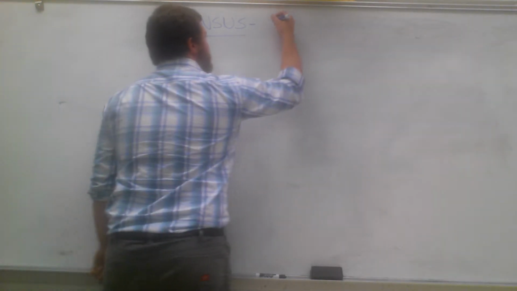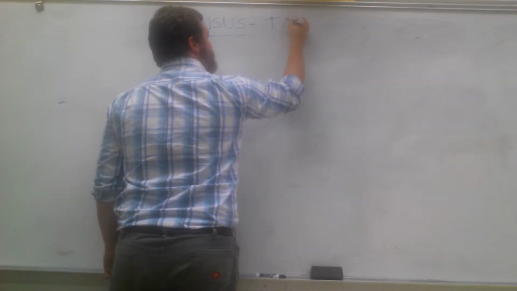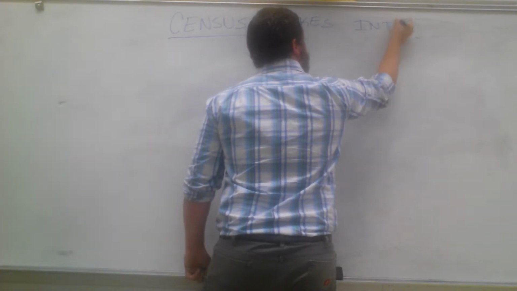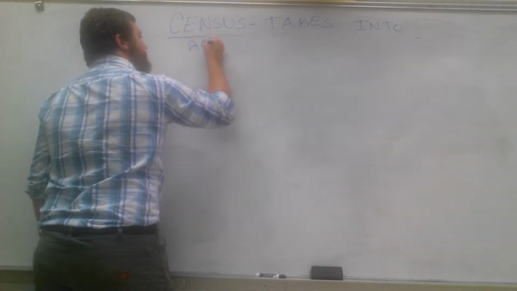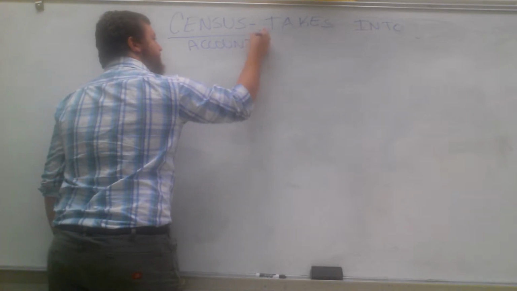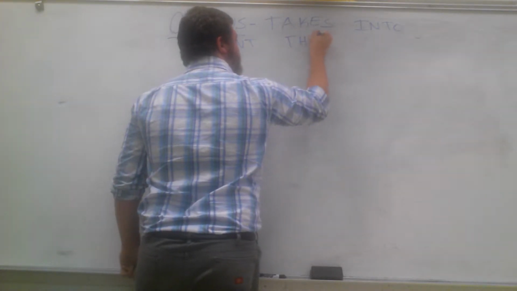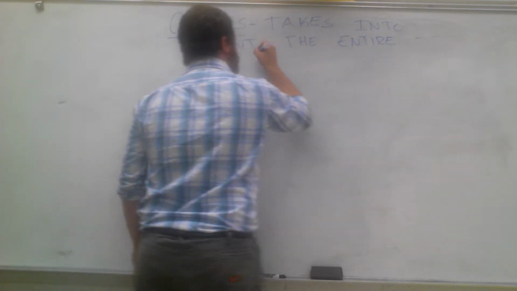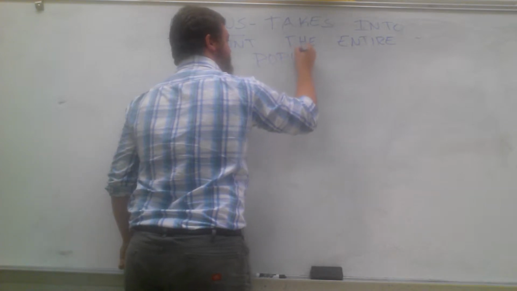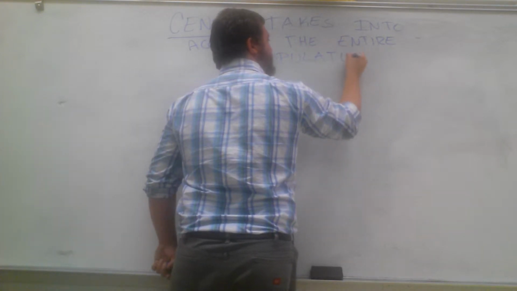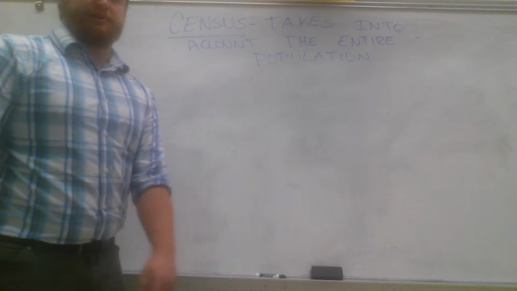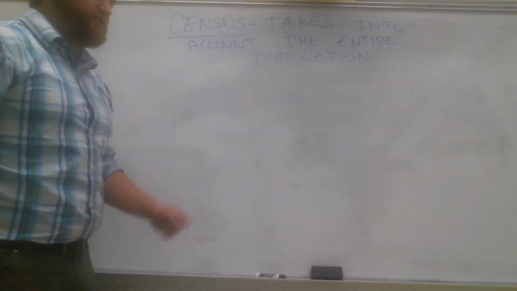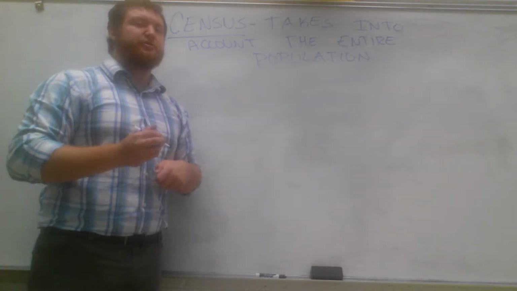A census takes into account the entire population. When we do a census, even you are counted in the population, whether you know it or not. Okay? That's a census. So you gather information from every single person involved.